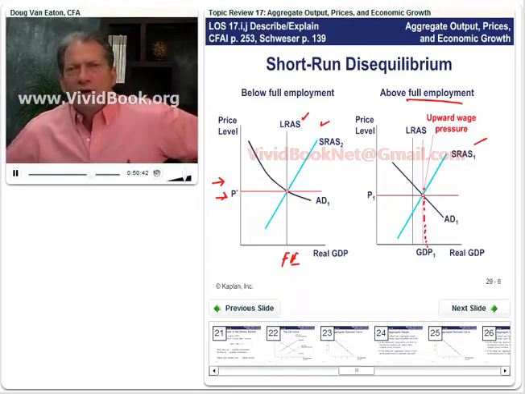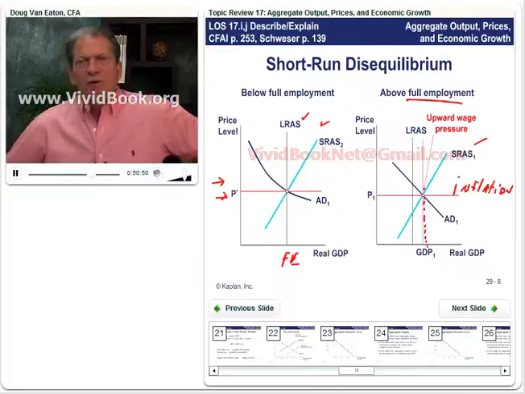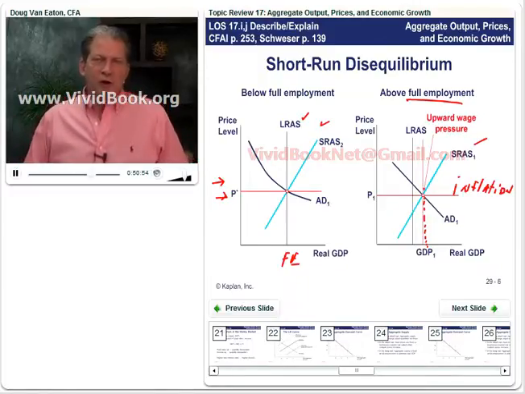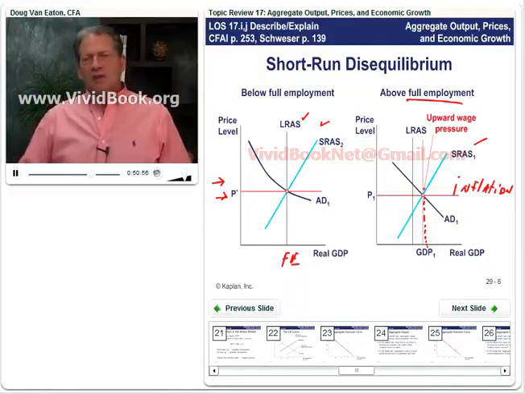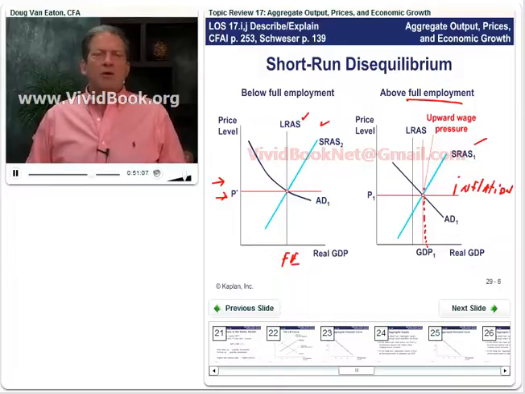Now we're looking at an expansionary economy. As we get to over full employment, we're going to have upward pressure on wages and other inputs as companies compete for them. When economic activity is growing rapidly, there's more demand for oil, more demand for electricity, more demand for labor.